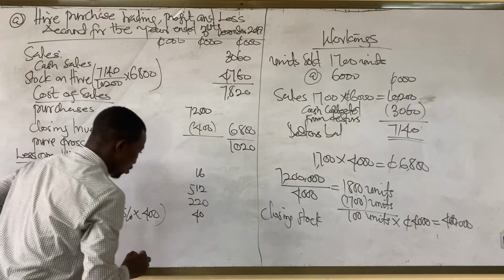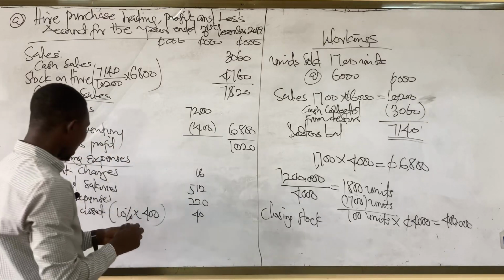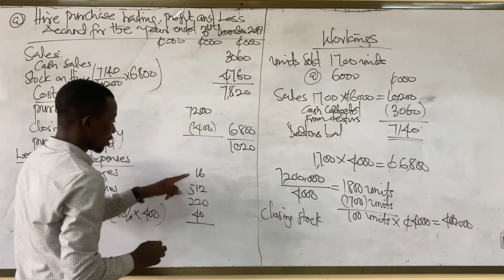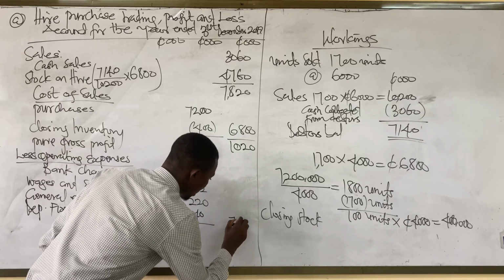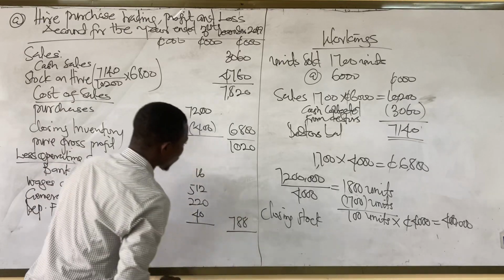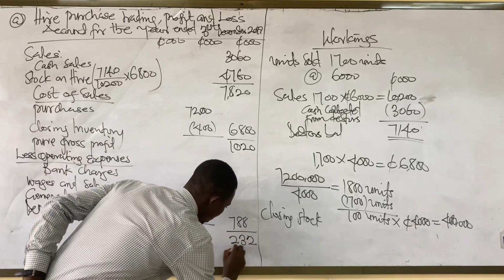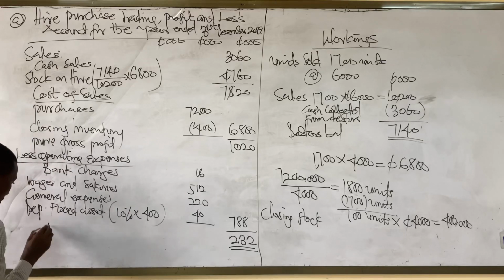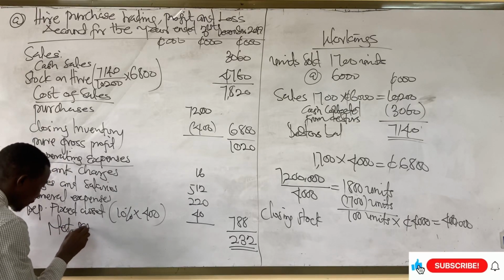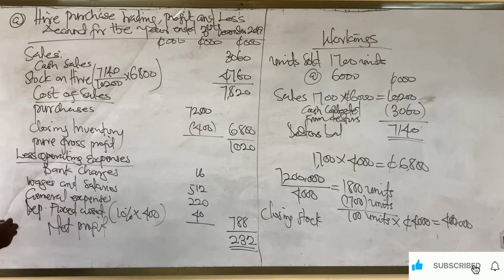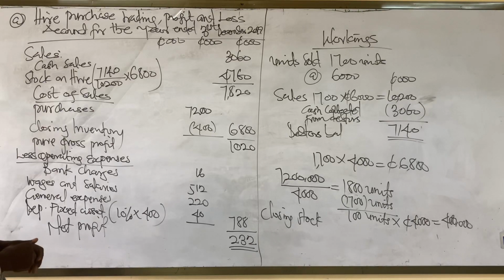So the depreciation charge for the year is 40. So the total operating expenses become 788. We take it from the gross profit to arrive at 232 as the net profit of Yabre Enterprise. Is that okay?